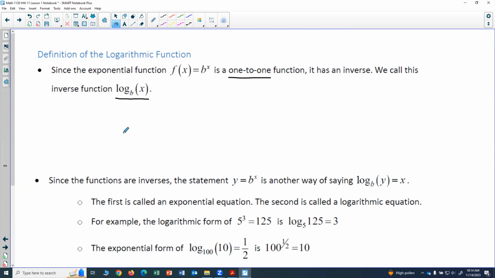Now, thinking back to what you learned about inverses, you know that the domain and the range switch.